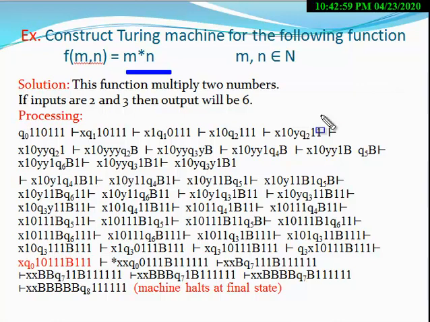Now, if you pass the input 2 and 3, then the output should be 6. So you have to think how these inputs will be converted into 6.